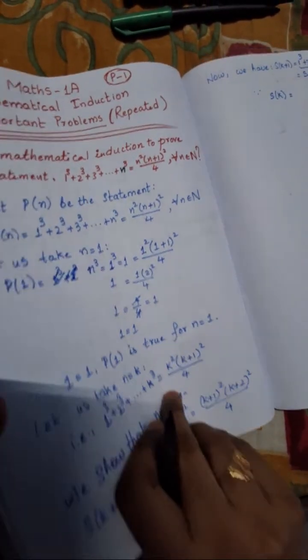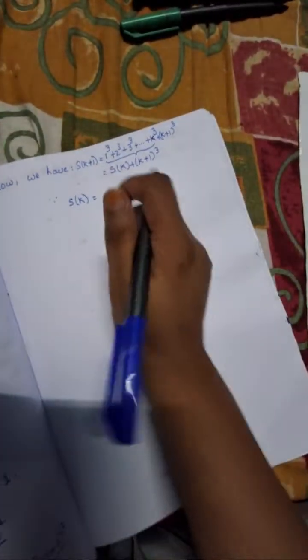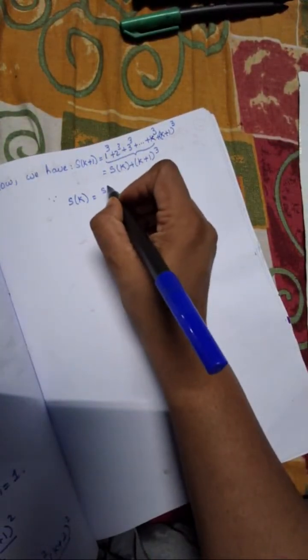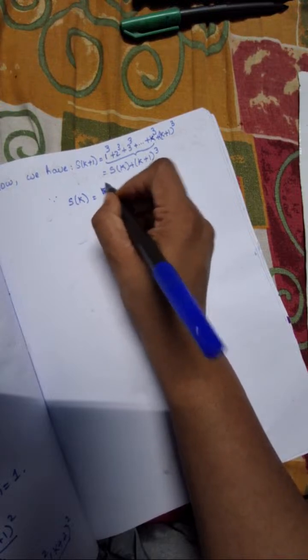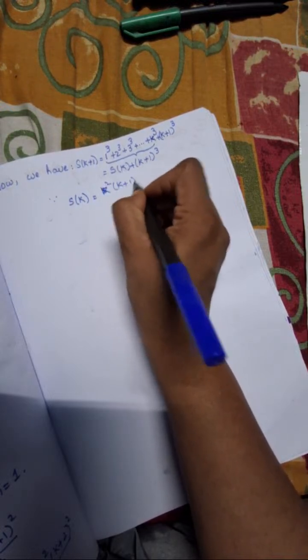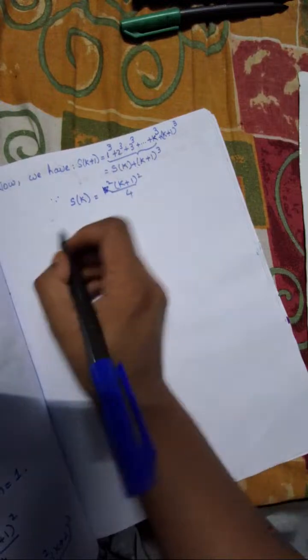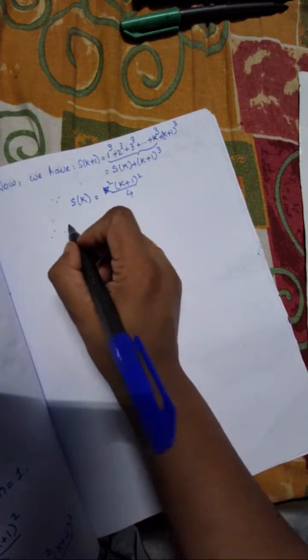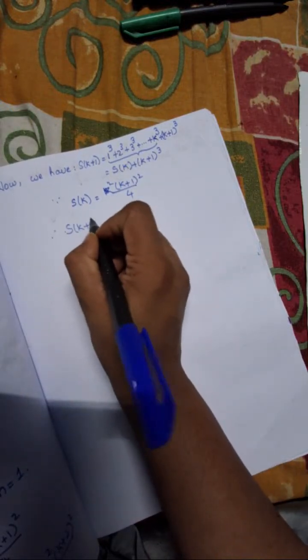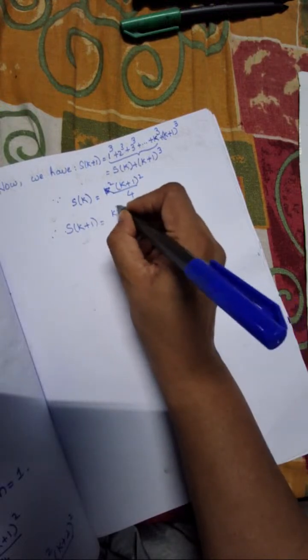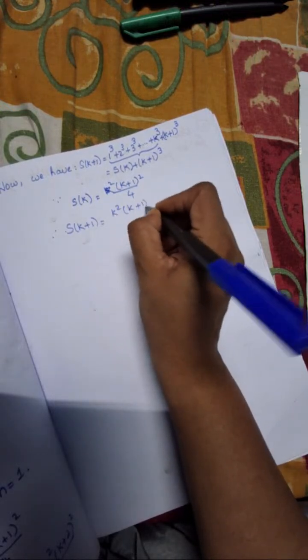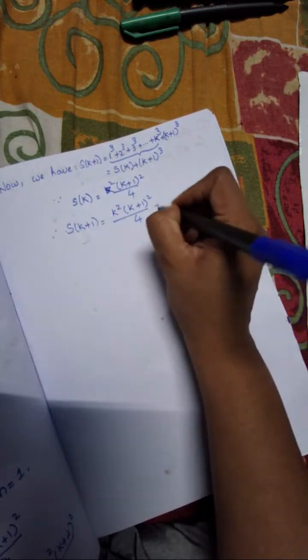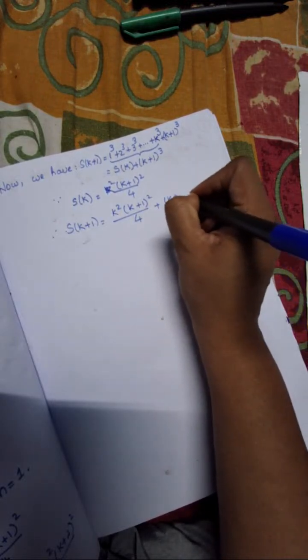So substitute in place of S(k) this value k²(k+1)² by 4 in above, that is S(k+1) becomes k²(k+1)² by 4 plus as it is (k+1)³.